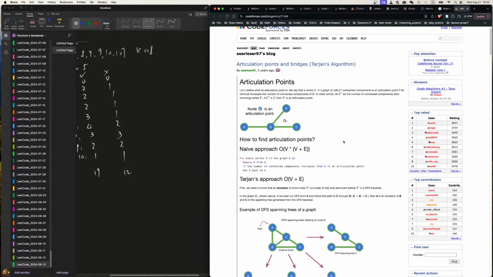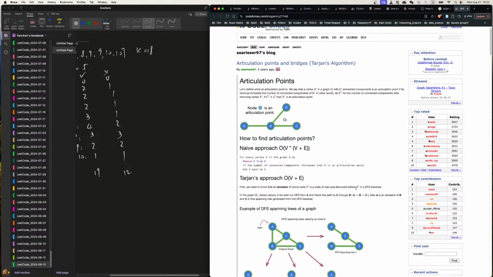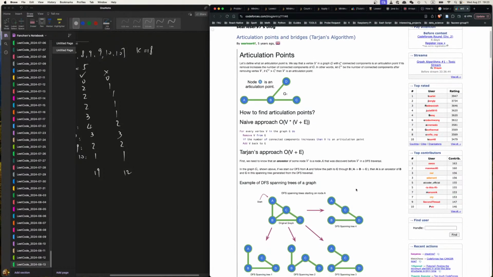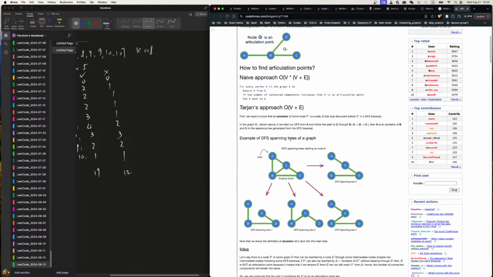We need to know that an ancestor of some node V is a node A that was discovered before V in a DFS traversal. Okay, I get this. In a graph G1 shown above, if we start our DFS from A and follow the path to C, A B C, then A is an ancestor of B and C in this spanning tree generated from an example of DFS spanning tree of a graph.